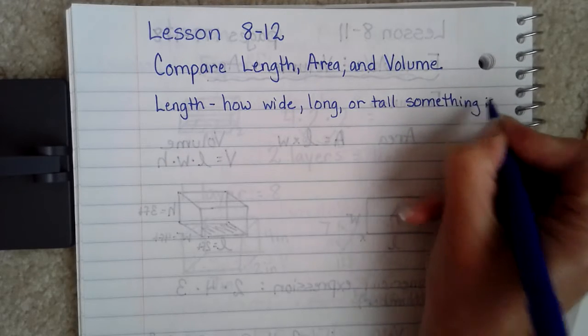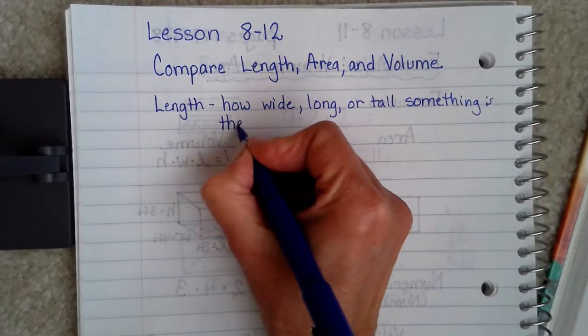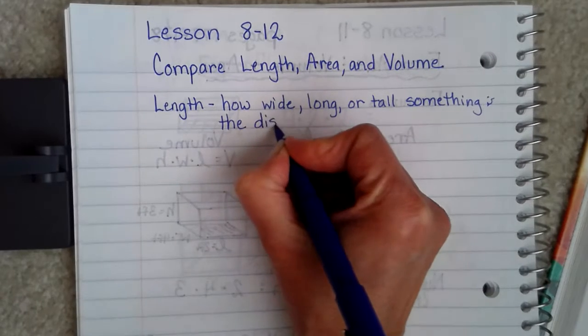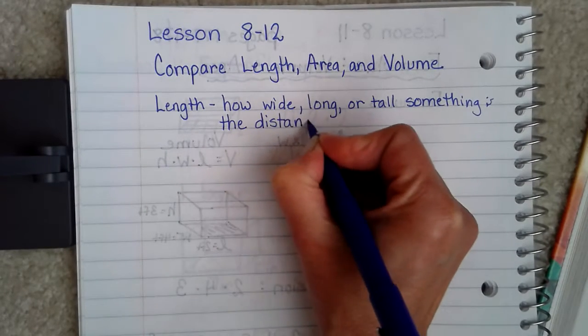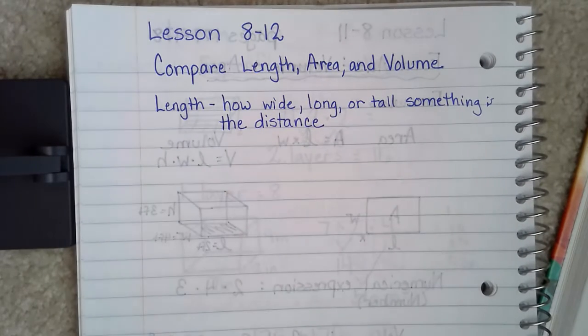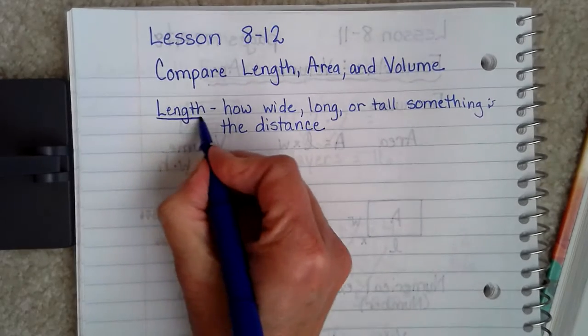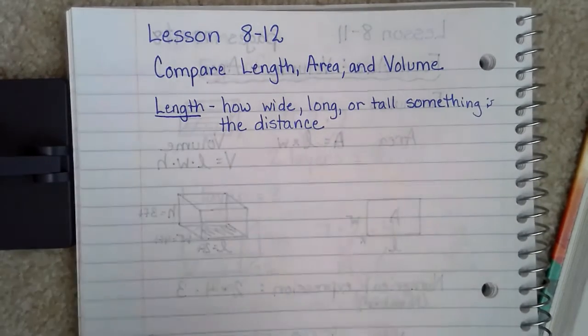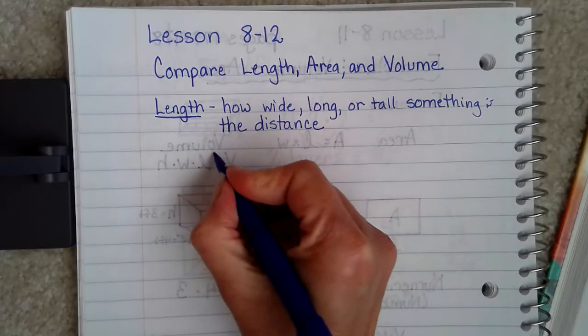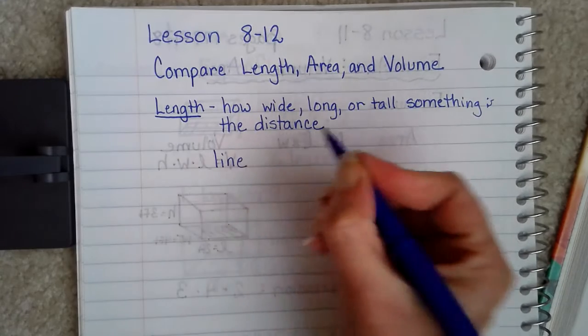We might also be talking about the distance. What is the distance? How far did you have to go? How far did you have to drive or walk or ride your bike? So it's just talking about kind of a line, basically. Okay, so it's like a line.